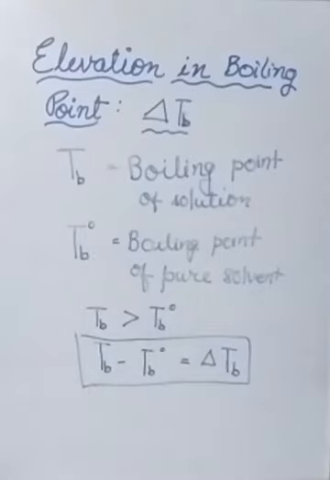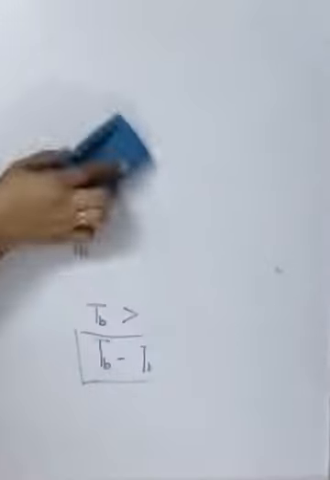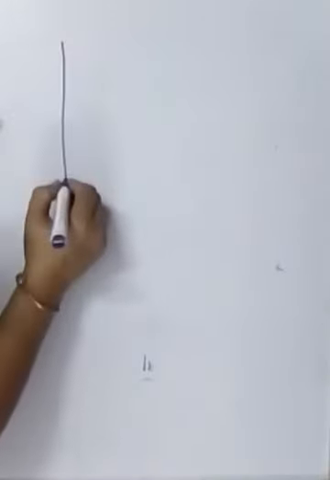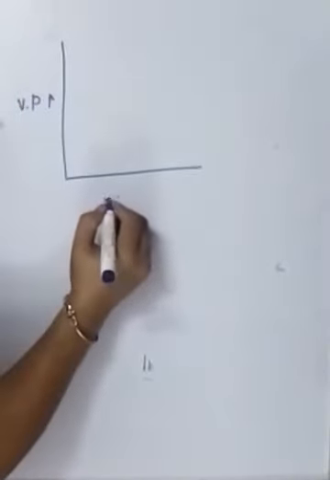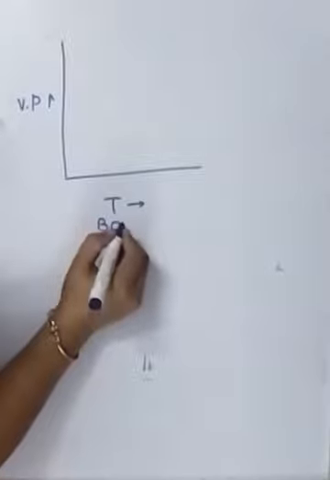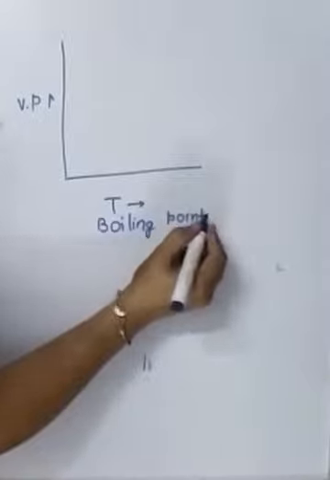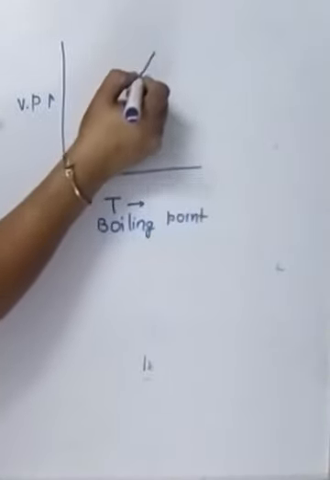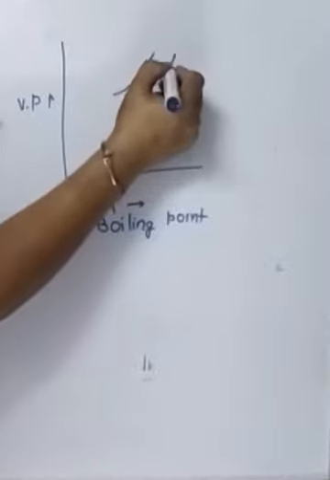So let us see this graphically also. If vapor pressure is plotted against temperature, that is boiling point, suppose this is the curve for the solvent, we'll find on adding solute the curve is this.